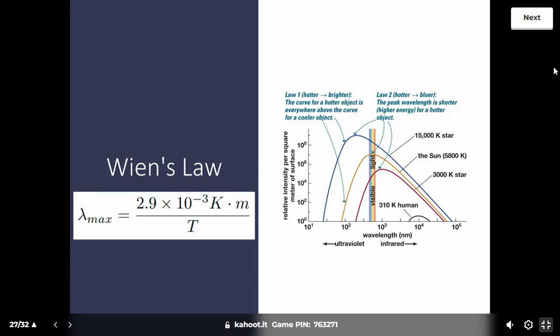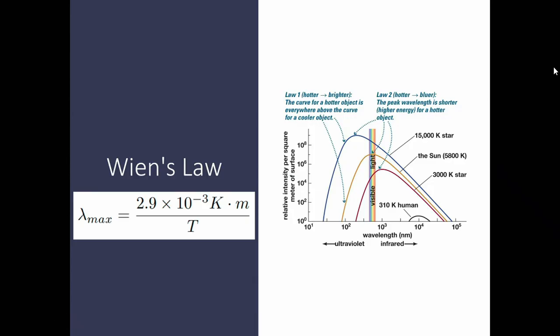There's an equation for where this peak emission occurs, called Wien's law: you take the constant 2.9 times 10 to the minus 3 and divide that by the temperature in kelvins. If you do that for the sun, it turns out the peak emission for the sun is in the visible spectrum.